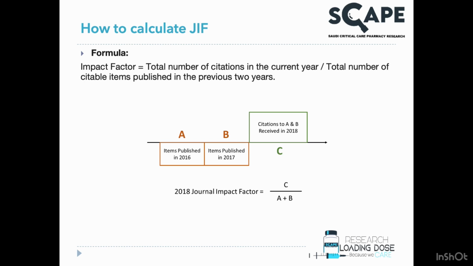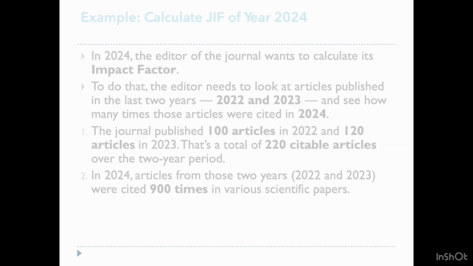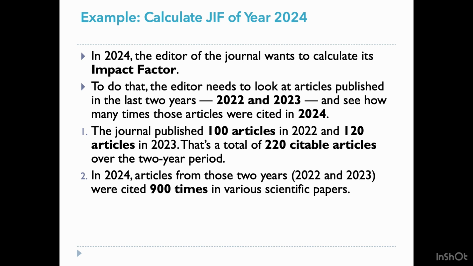To understand it, we will see this example together. For example, in 2024, the editor of a journal wants to calculate its impact factor. To do that, the editor needs to look at articles published in the last 2 years, 2022 and 2023.